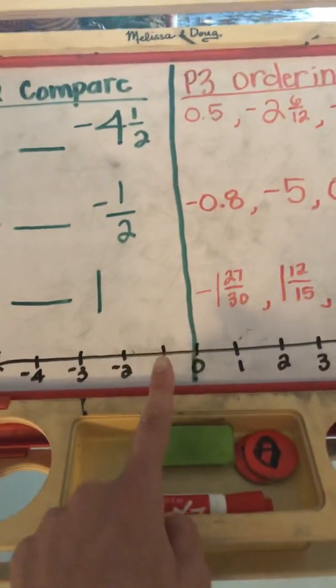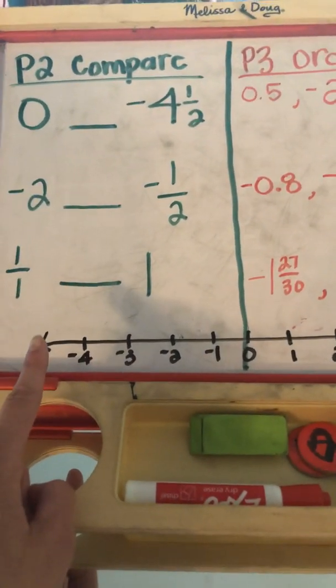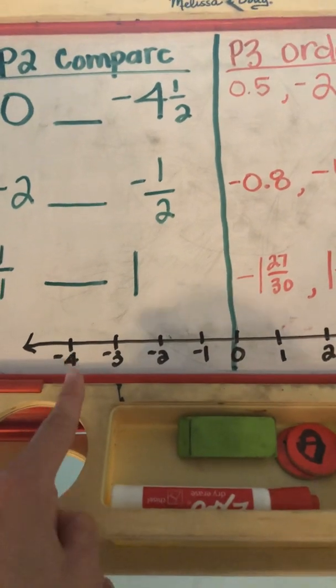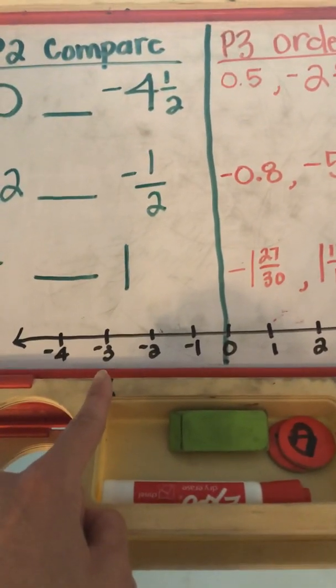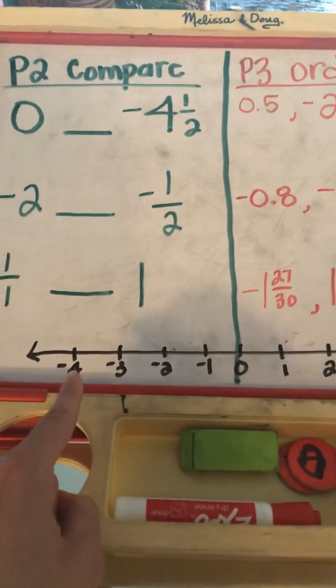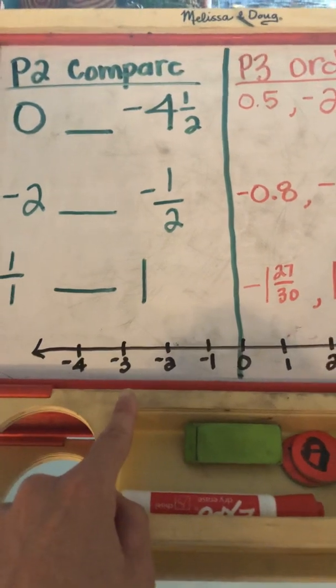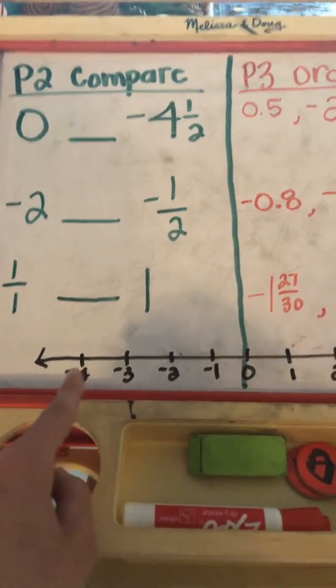So the further away from 0 we get, the smaller the number is. -4 is smaller, is less than -3, okay? That's like saying you owe $4, or if you owe $3. $4 is, you would owe the most, right?